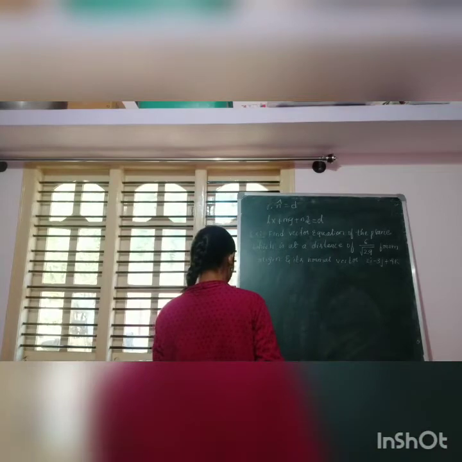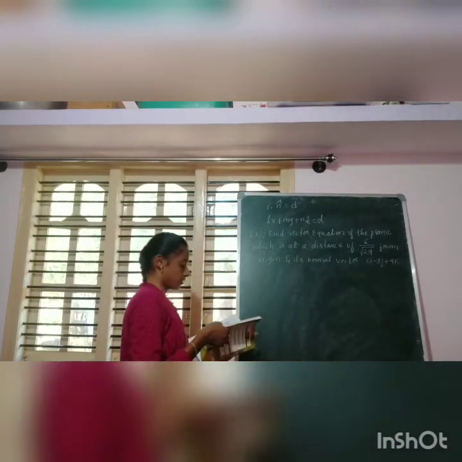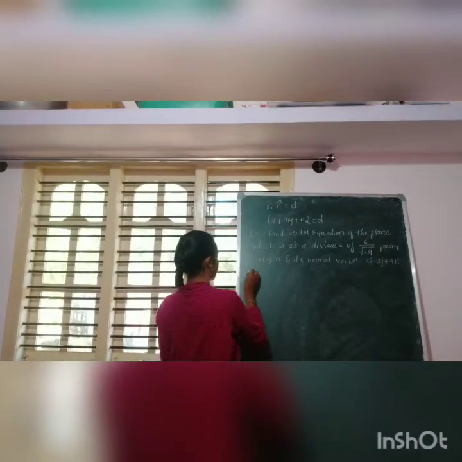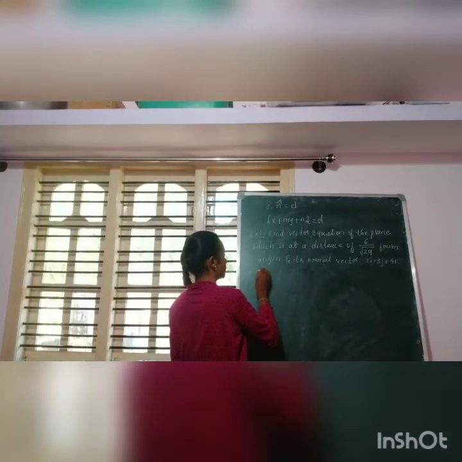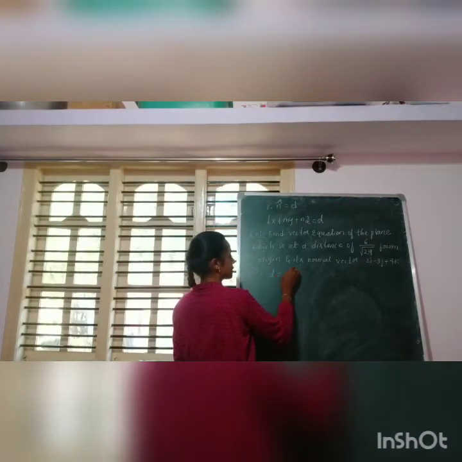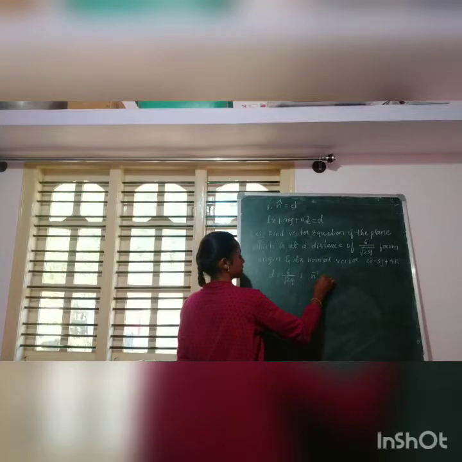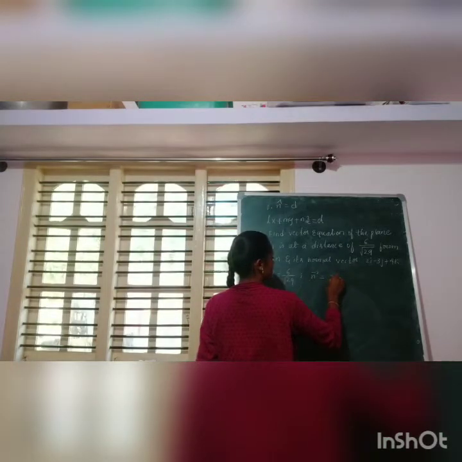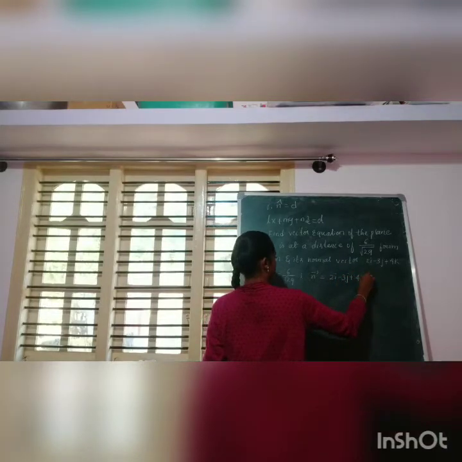Your normal vector is given, but the unit normal vector is not given. Here the distance d is 6 divided by root 29 and the normal vector n is 2i minus 3j plus 4k.